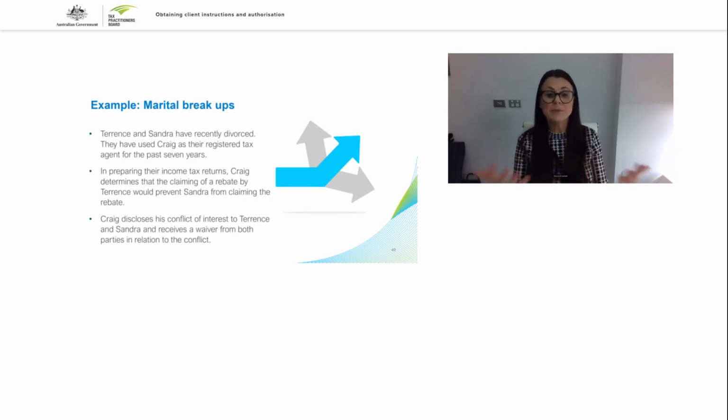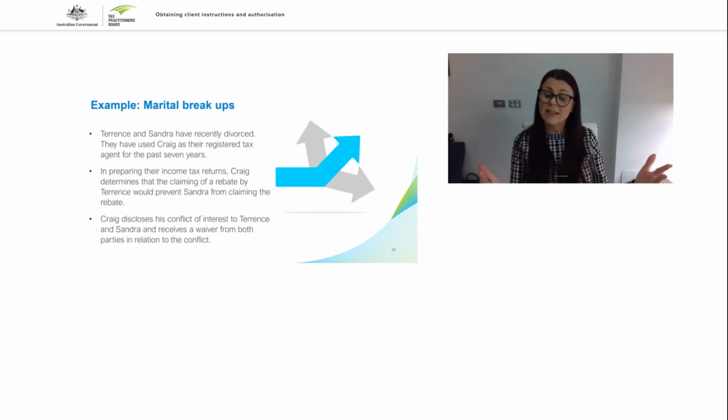So in applying his professional judgment, Craig determines the rebate is more properly claimable by Terence. However, Craig also identifies that he's in a position where his duty to Sandra conflicts with his duty to Terence. So in this case, Craig has satisfied his obligations under Code Item 5 because he has appropriately disclosed his conflict of interest and he's obtained permission from both clients prior to preparing their respective income tax returns.